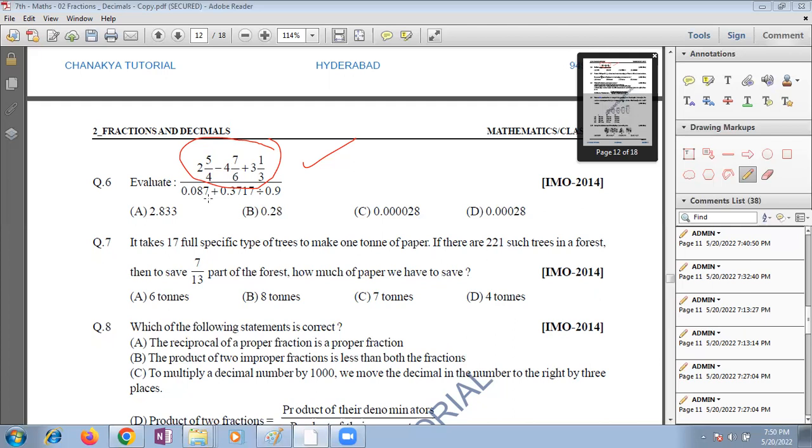Ma'am, the fraction part is numerator and the decimal part is denominator. Yeah, exactly. This decimal part is the denominator.